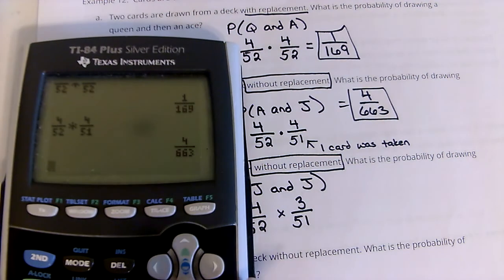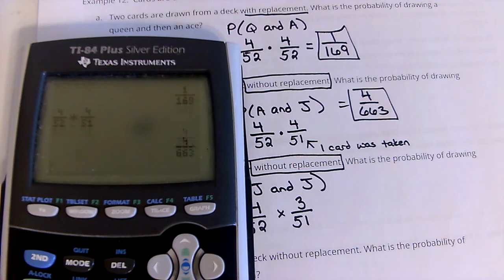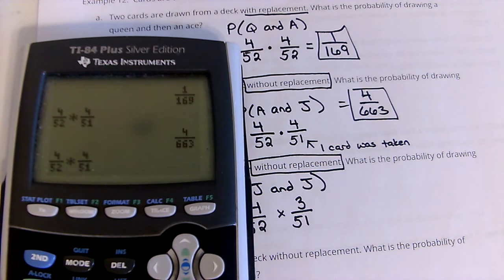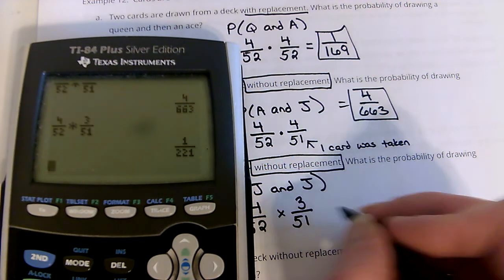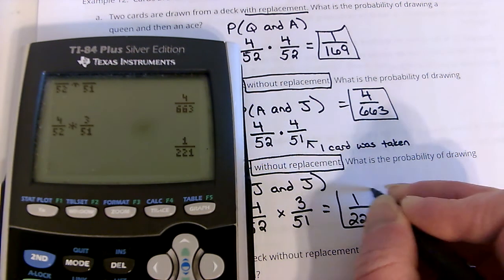Now I'm going to be extra lazy on this. If you didn't know that you could copy and paste on a TI, then you're welcome. You can just go in and edit, and that is going to be 1 out of 221.